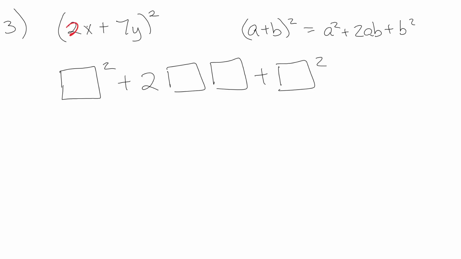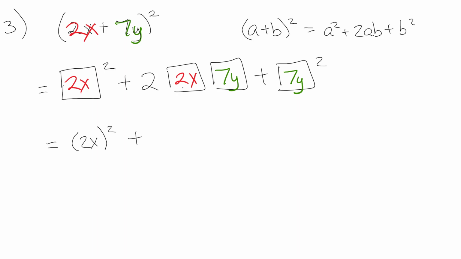All right, so first thing, and then second thing. Okay, so again, remember that that whole 2x, that whole quantity is squared. 4 times 7 is 28xy, and then the whole 7y squared.